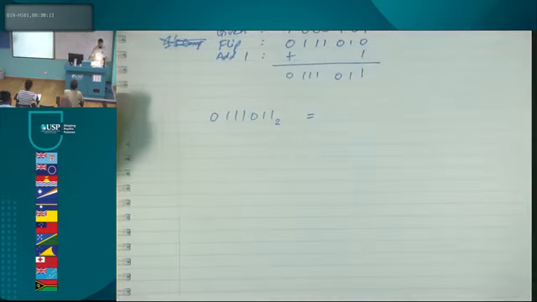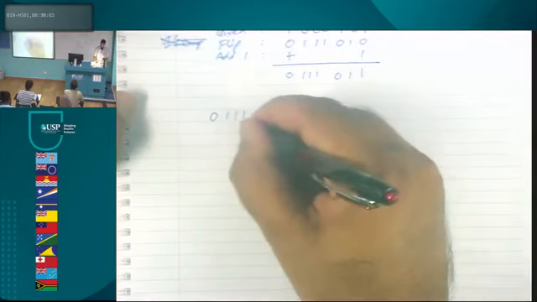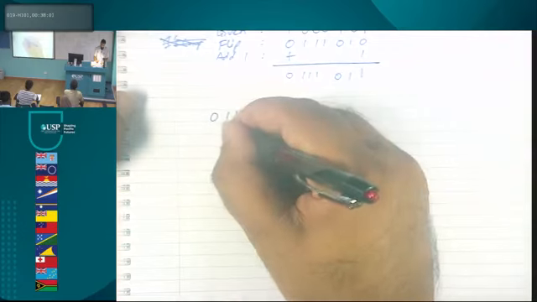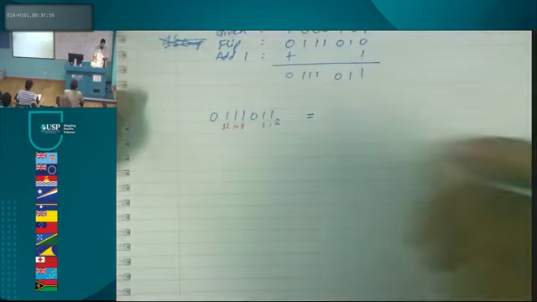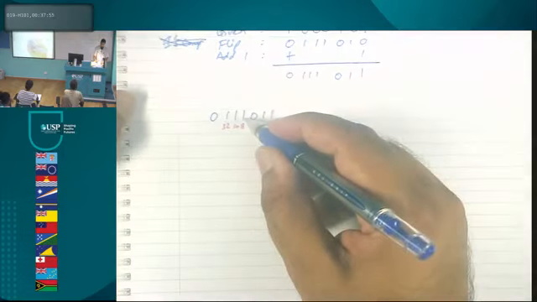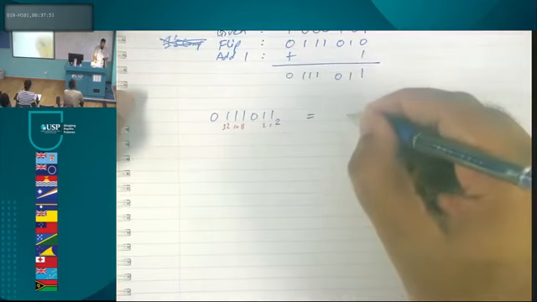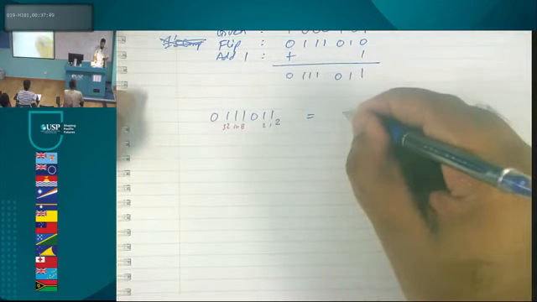Let's now convert that to decimal. That's 1, 2, 4, 8, 16, 32. So we have 1 plus 2 plus 8 is 10, 26, 30, 27, plus 32, 59.